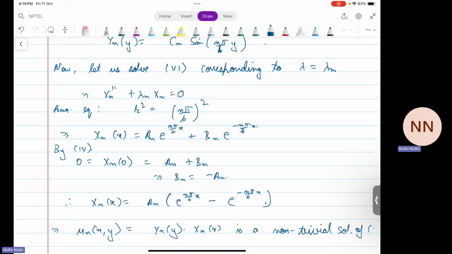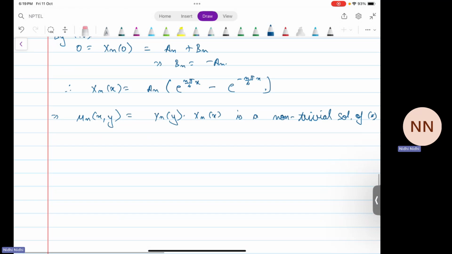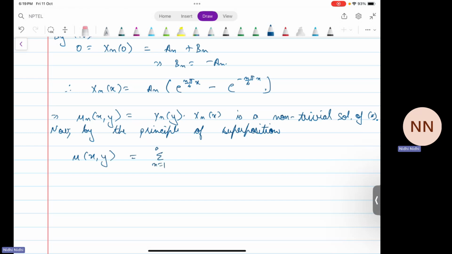Now by the principle of superposition, the solution for our problem star is given by u x y equal to summation n from 1 to infinity un x y.